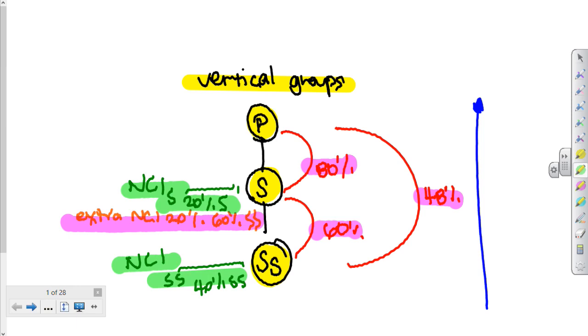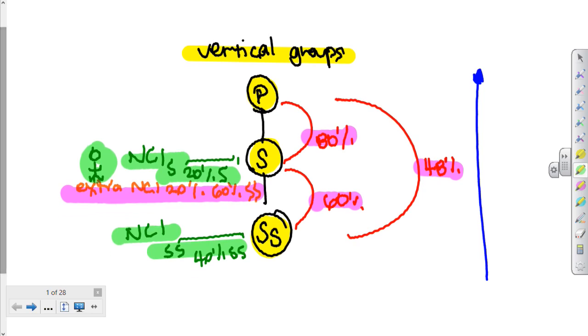And then we have this extra bit because this NCI, this guy over here, not only does he own 20% of S, but he also owns 20% of 60% of SS because he owns everything that S owns. So because he owns 20% of S, he also owns 20% of 60% of SS.